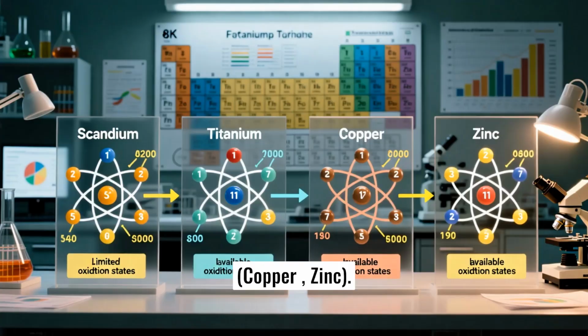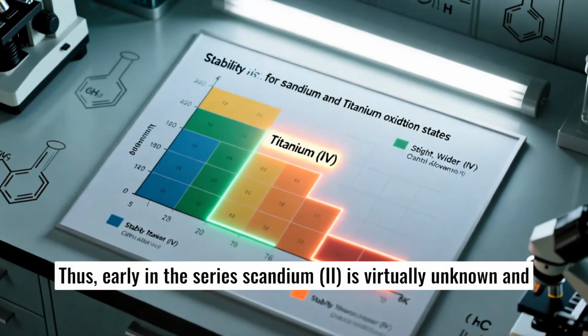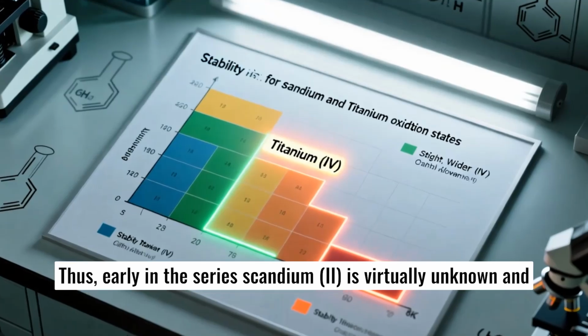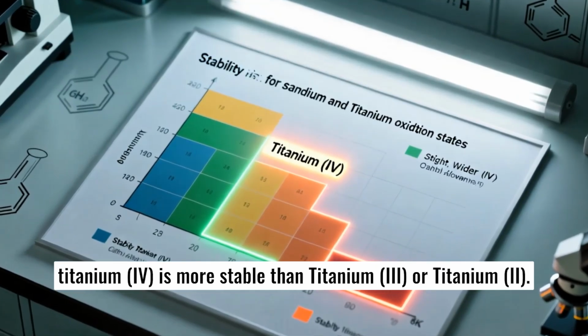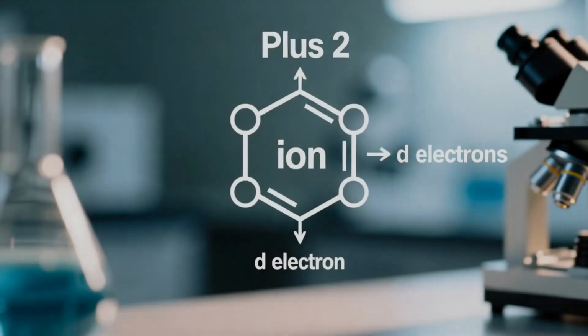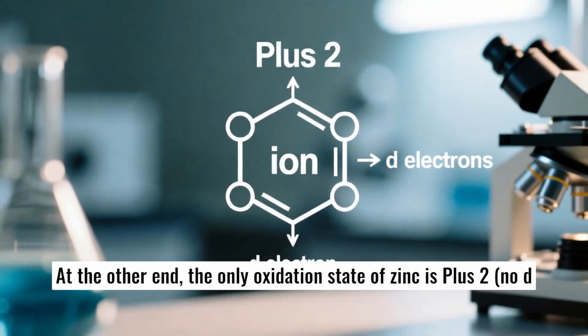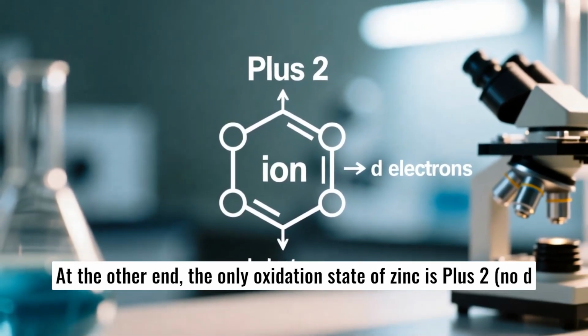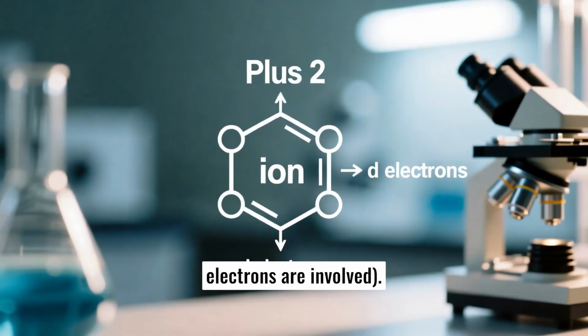copper, zinc. Thus, early in the series scandium 2 is virtually unknown and titanium 4 is more stable than titanium 3 or titanium 2. At the other end, the only oxidation state of zinc is +2. No d electrons are involved.